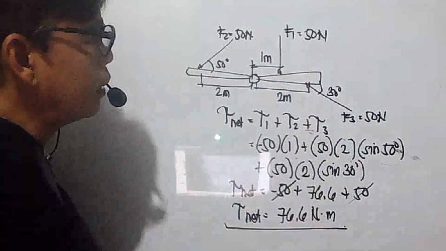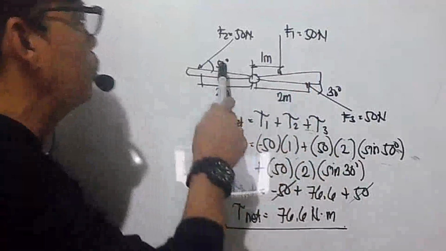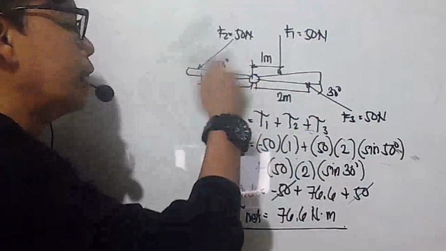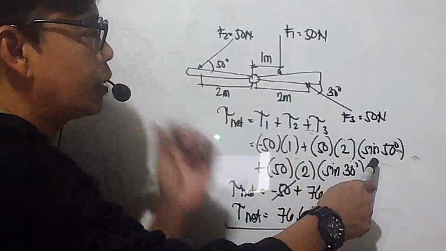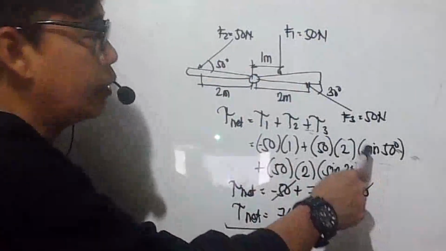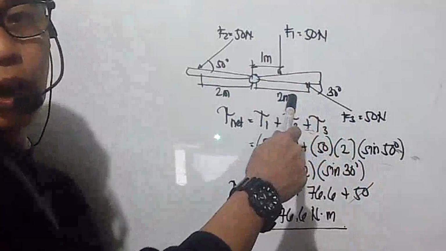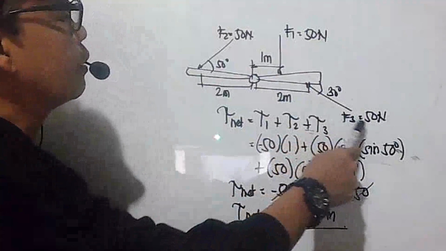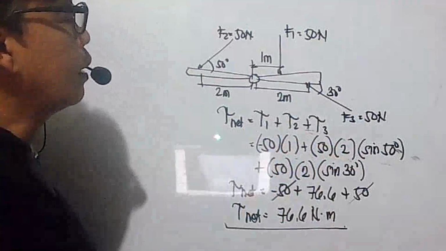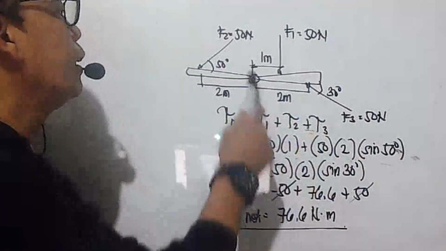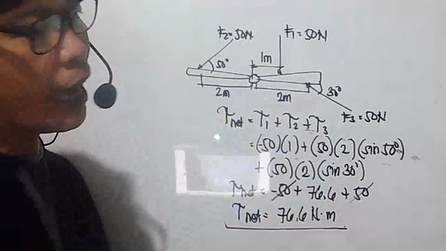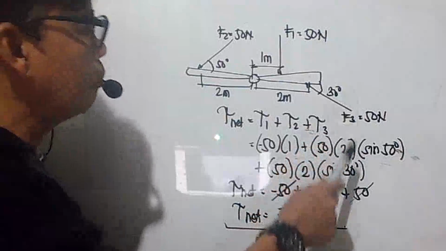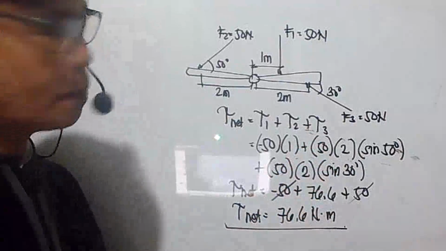Next is 50 multiplied by 2 meters, but since it has an angle, it will be multiplied by sine of 50 degrees, the theta, the angle of the force. Finally, the third has a value of 50 newtons, an angle of 30 degrees and a distance of 2 meters from the axis of rotation. So it is 50 multiplied by 2 multiplied by sine of 30 degrees.